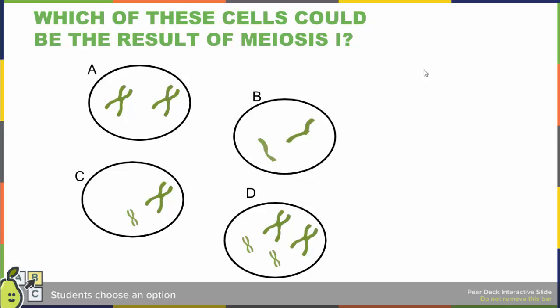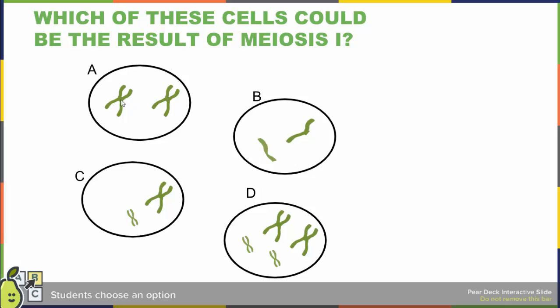You should be able to answer the question not based on color necessarily, but based on length. So we said that the homologous chromosomes were the 2 versions of a chromosome of the same length. So if we want to separate those during meiosis 1, that means that the result of meiosis 1 should be a cell that only has 1 copy of each length.